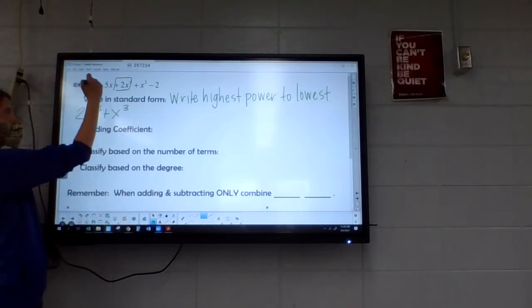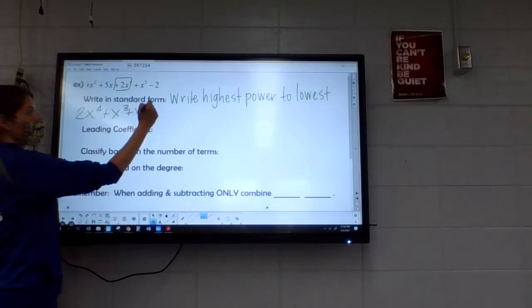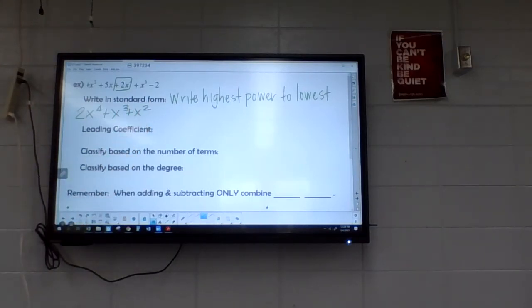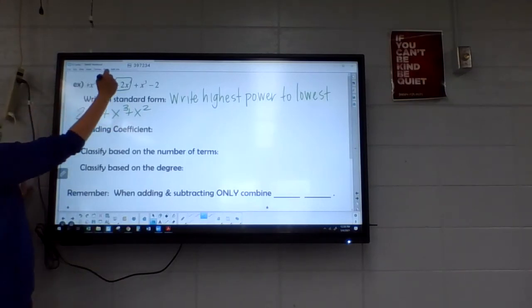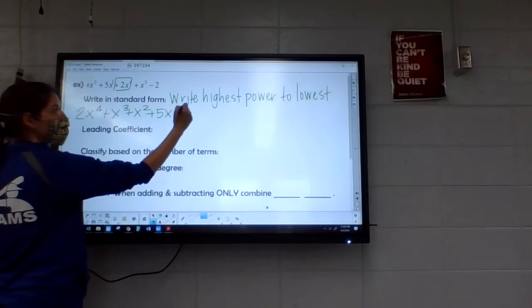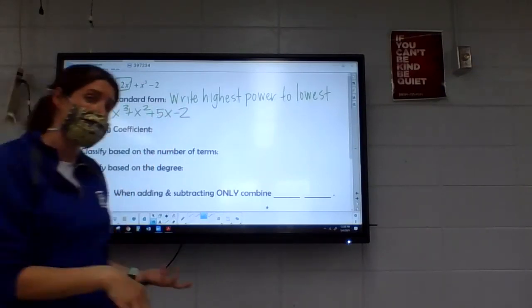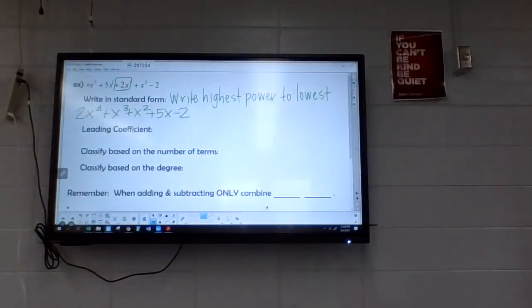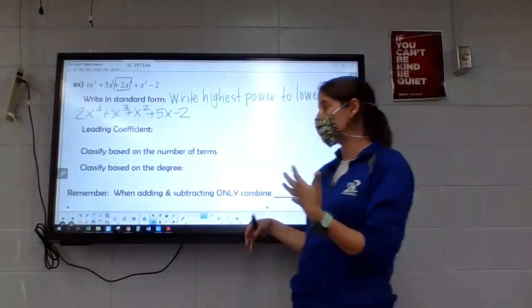So I'm going to write plus because it's positive. Now what should come after that? The 5x, because it's going 4, 3, 2. This is like an x to the first. And then that minus 2 doesn't have an x at all, so technically it's an x to the 0. Kind of confusing, but it makes sense. It's not there. Okay, so that would be considered standard form. So we want to write it highest power down to the lowest.